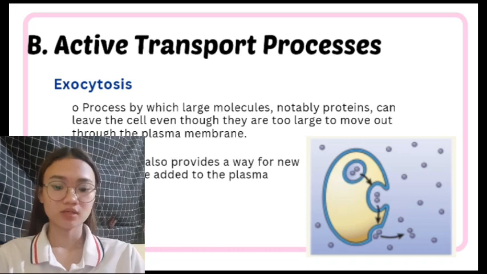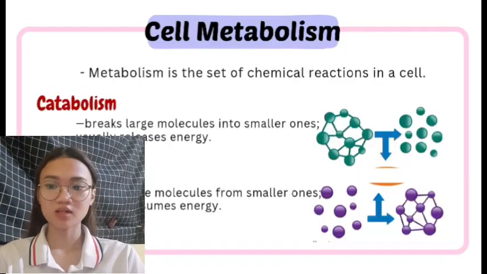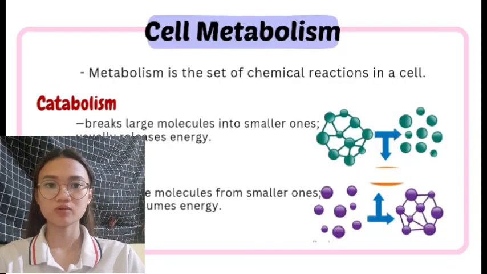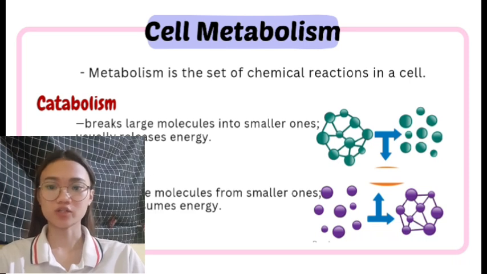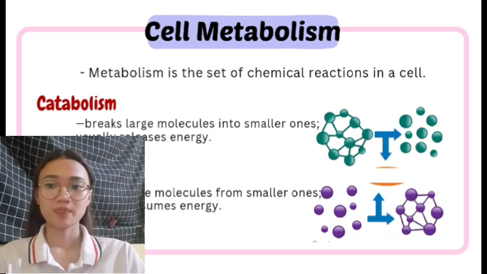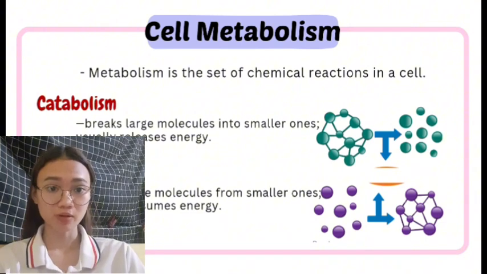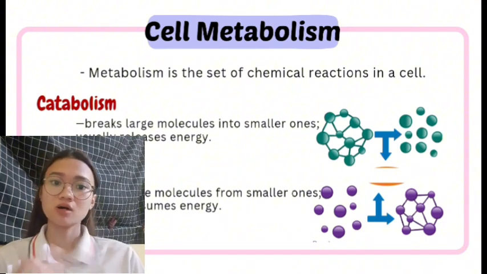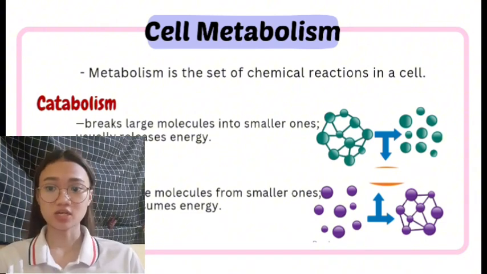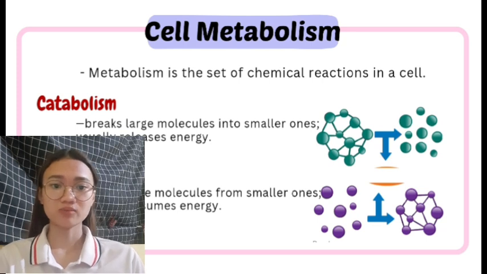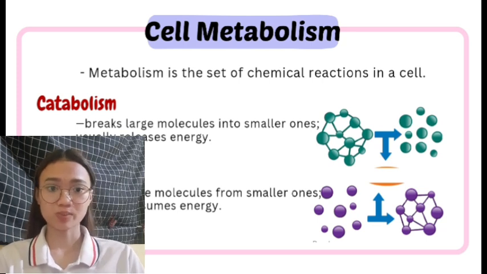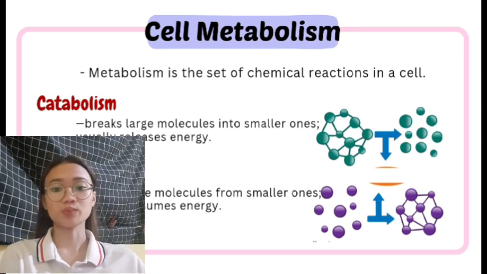Next, we have the cell metabolism. So, cell metabolism is a set of chemical reactions in a cell. Catabolism, we have catabolism. It breaks large molecules into smaller ones and usually releases energy. So we have the anabolism, builds large molecules from smaller ones, usually consumes energy.